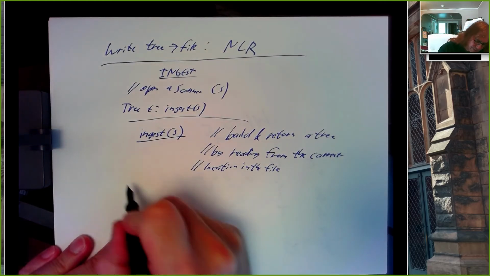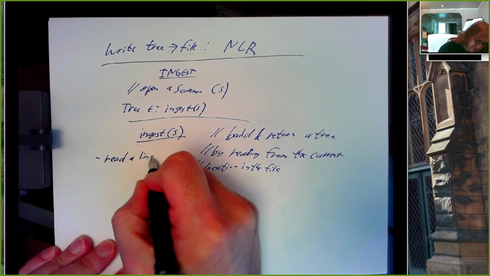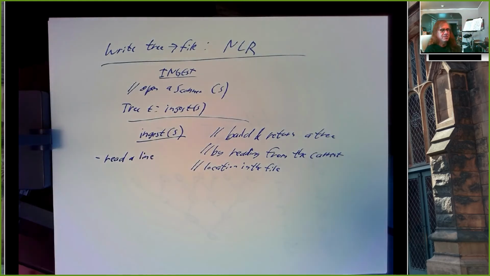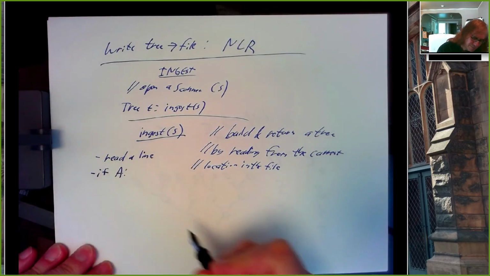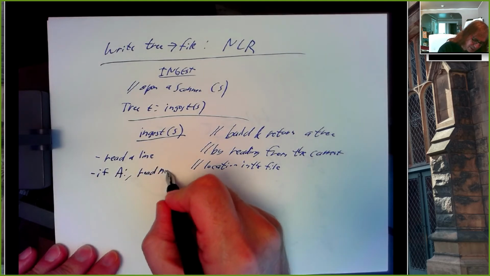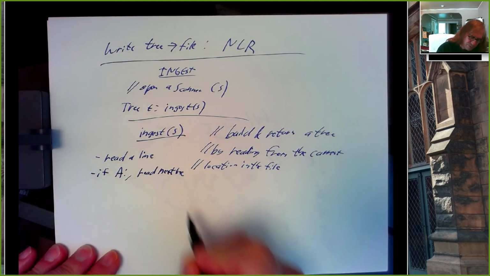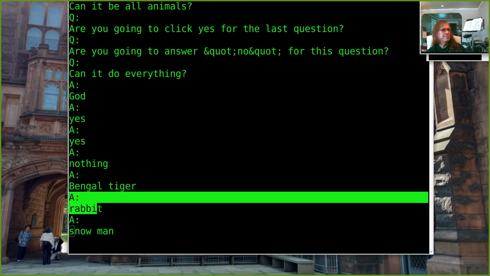Read a line. When I say read a line, I'm always talking about reading from S. If it's an answer, read the next line, which will be the actual answer. This thing is structured as either a Q or an A followed by the actual question or answer.